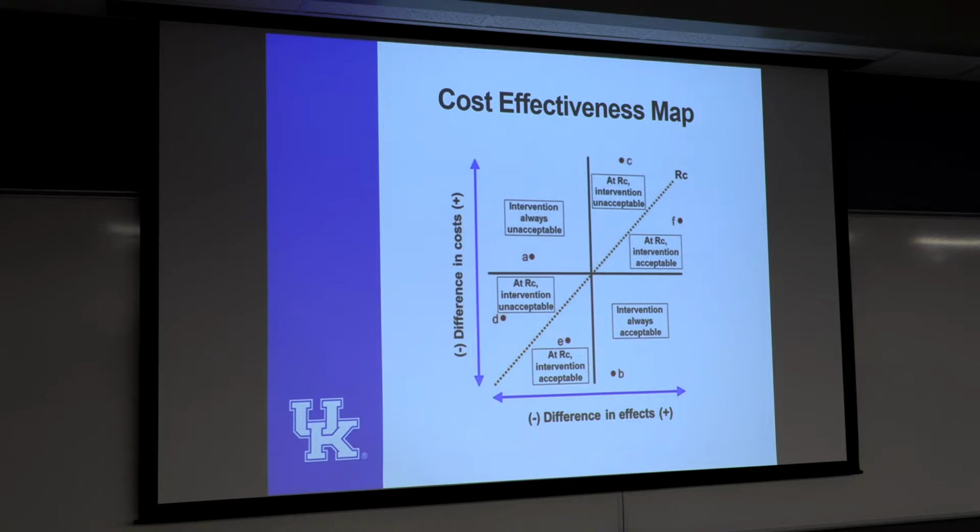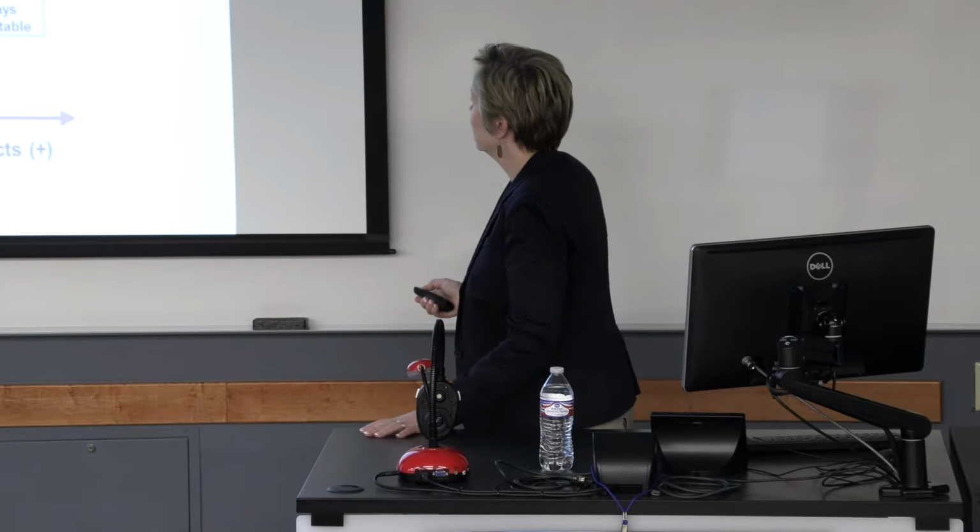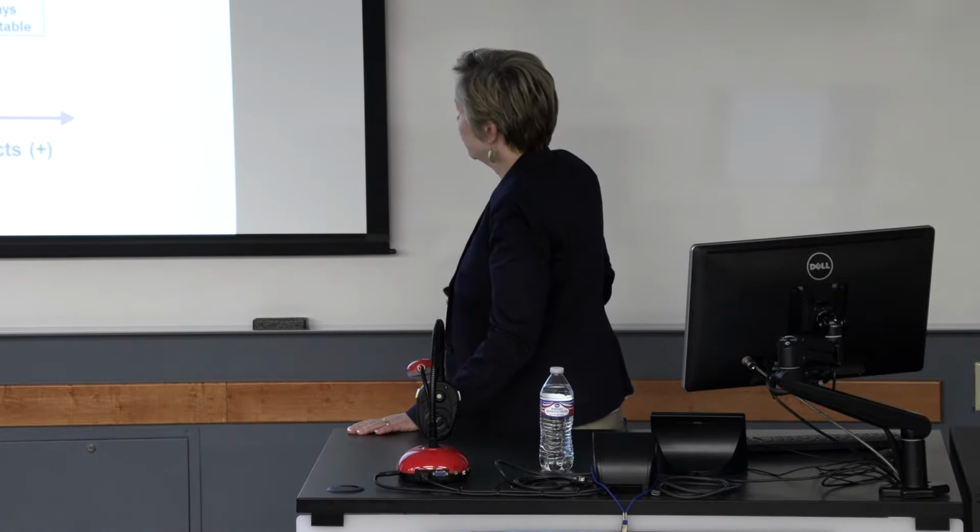And then here we look at the effectiveness, where this line is, they're the same effectiveness. This is less effective, this is more effective. So basically, if we are more costly and worse outcomes, we can immediately say we don't want that intervention. And if it is better effects and less costly, we always want that. So these two are very straightforward.